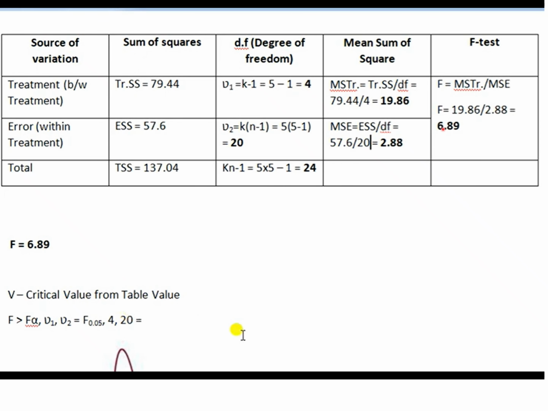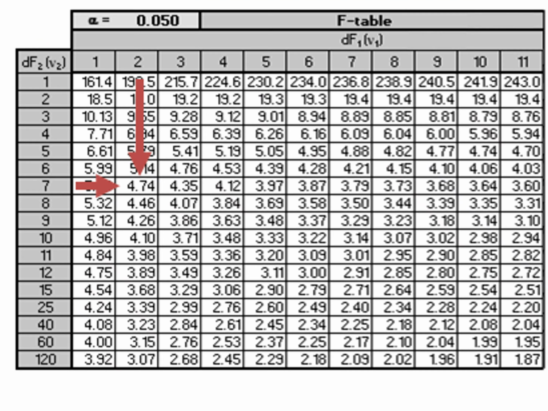Now we need to compare it with the critical value. What is the critical value from the table, where the degrees of freedom are 4 and 20? You can see here 4 and 20.